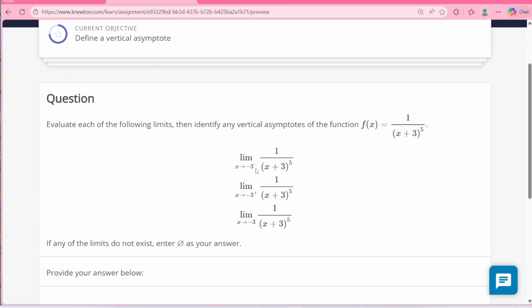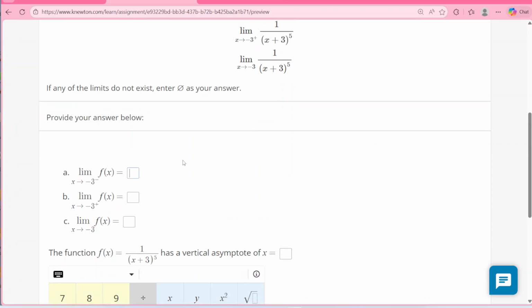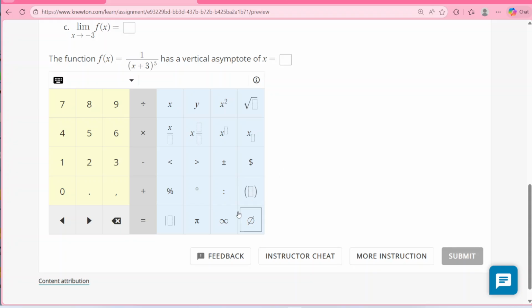Now, if x approaches -3 from the left, it means you're plugging in values less than -3, -3.1, -3.01. Adding 3 will give you a small negative number. Raising that to the fifth power will still be negative. So I'd have a positive numerator divided by a small negative number, which will be a large negative number. So the left side limit is negative infinity.